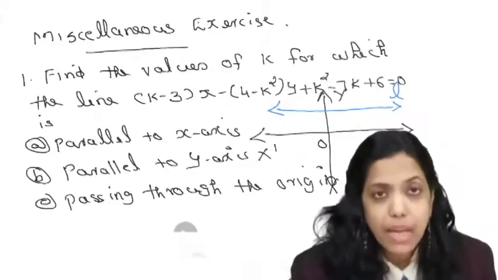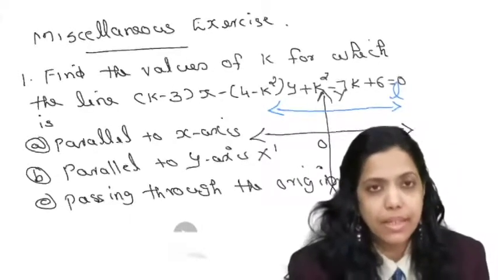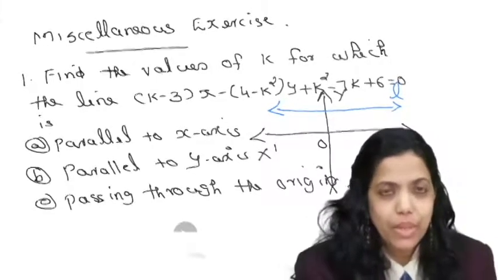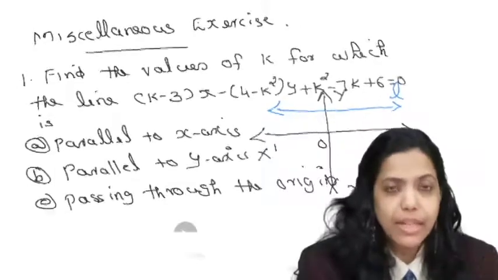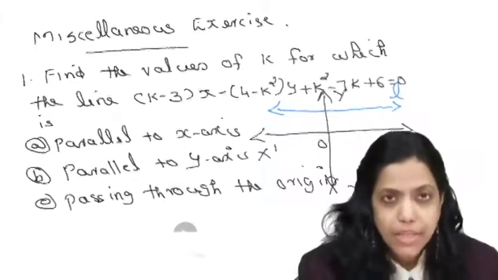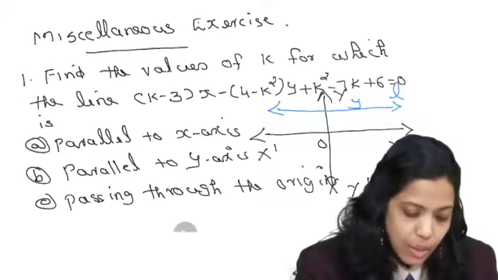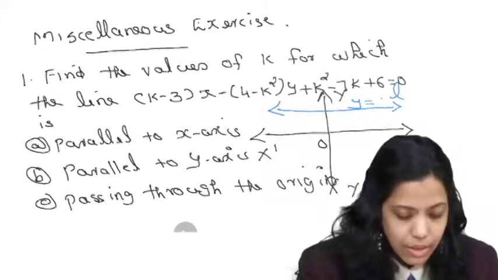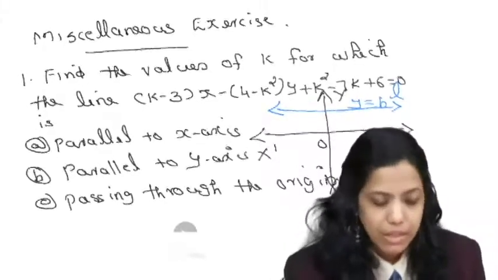If a line is parallel to x-axis, we know first of all the slope of the line is 0. So m turns to be 0 in that case, and related with the equation of a line parallel to x-axis, it is of the form y equals a constant term, let it be y equal to b, where b is a constant.